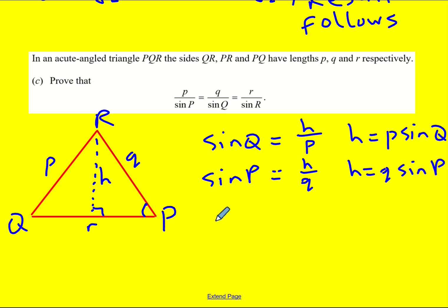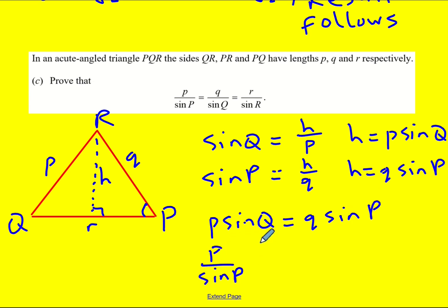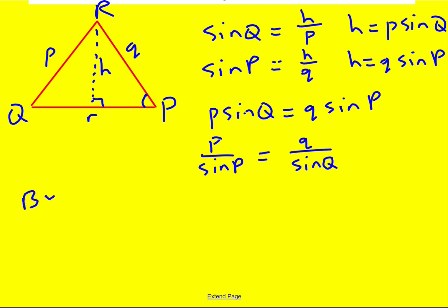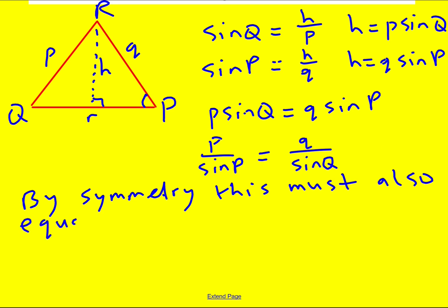sine P. Therefore, p sine capital Q is equal to q sine capital P, and p divided by sine capital P must equal q divided by sine capital Q. And by a similar argument or symmetry, this must also equal r over sine R. We could have drawn the line going this way instead, which would have formed a relationship between p and r in exactly the same kind of way.